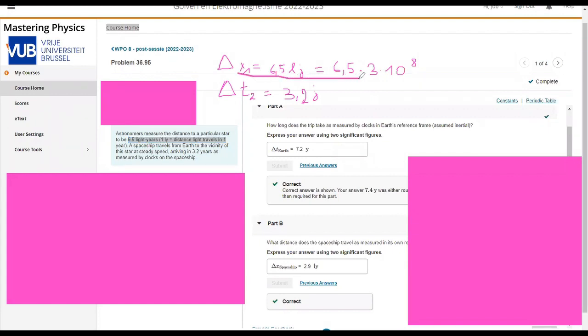I just named this Earth, it just means that we are here, that's the Earth. Distance is that, and then you have maybe a star. You know that this distance is 6.5 light years, the distance from the Earth to the star.